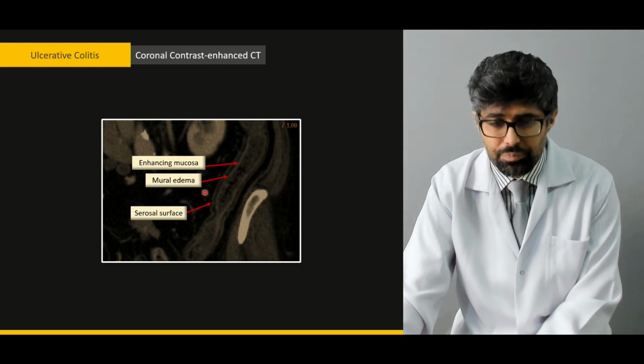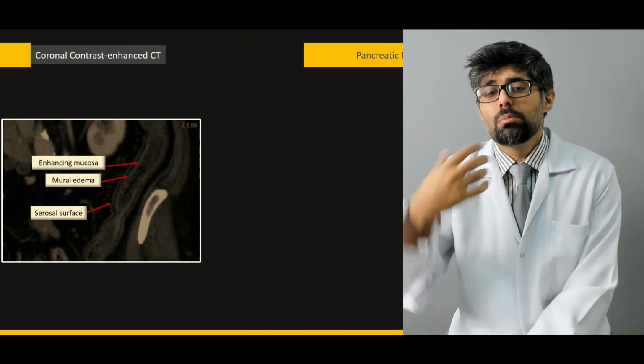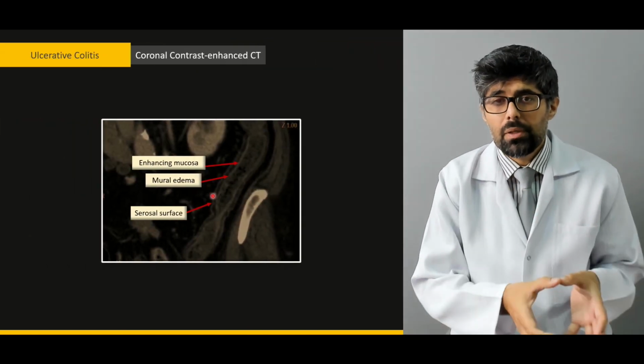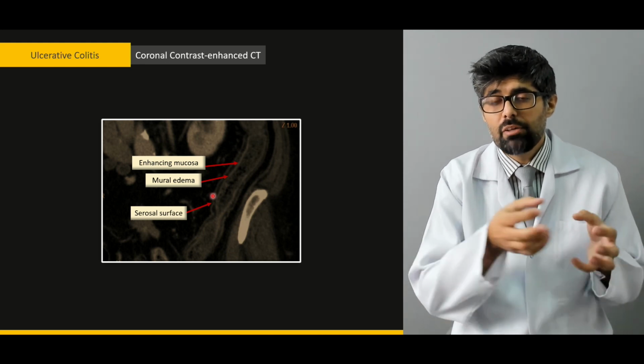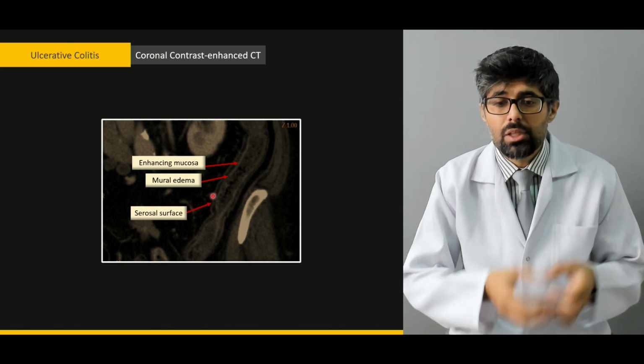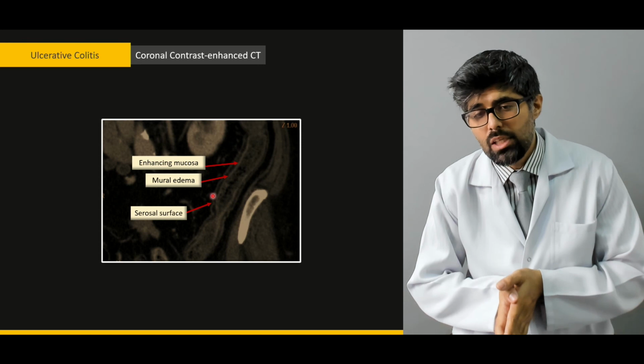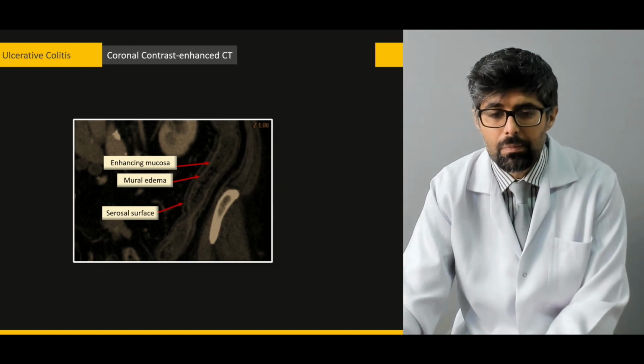There's the serous surface, and all of these findings produce typical effects of ulcerative colitis. Both the mucosal enhancement, the mural edema, and the hyperenhancing of the fluid.